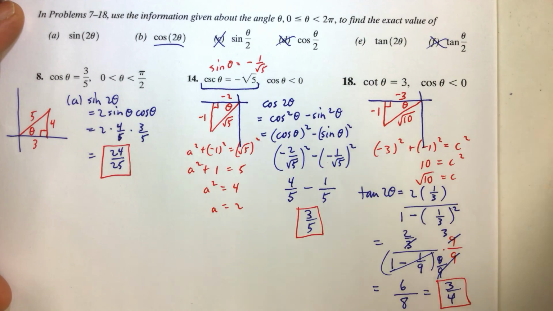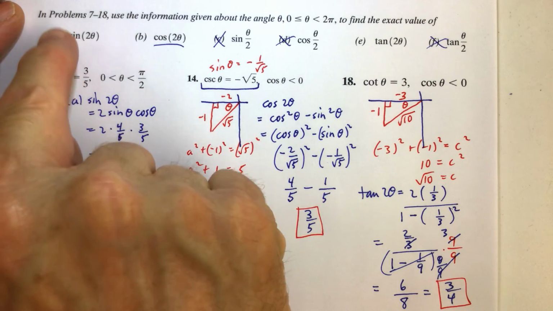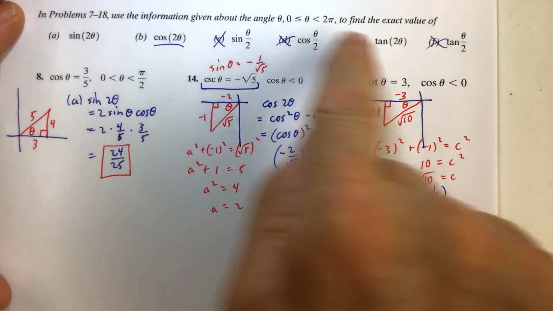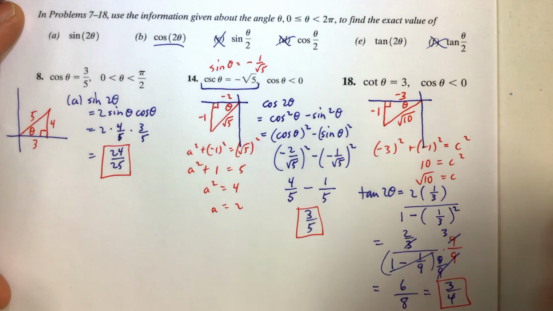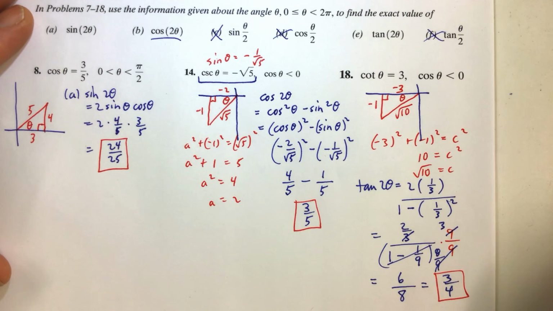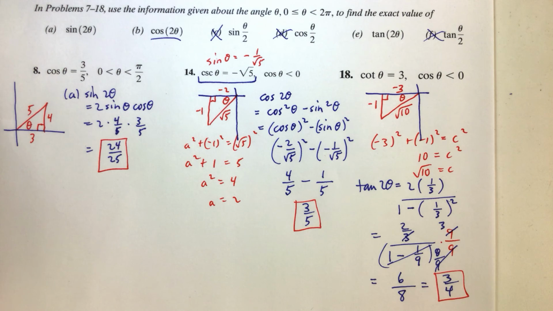If you were doing these problems and you had to do all three, A, B, and C for each one, then basically it would take you 3 times as long. But we'll just settle there for now, and we'll pick up in the next video hopefully the last 3 problems in this section.